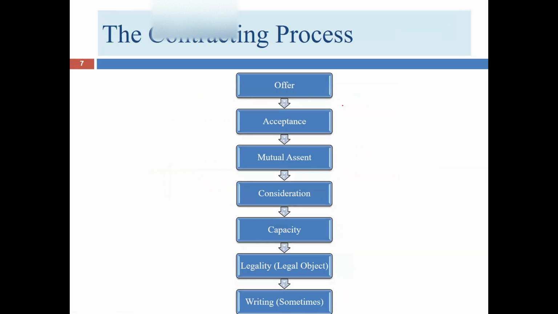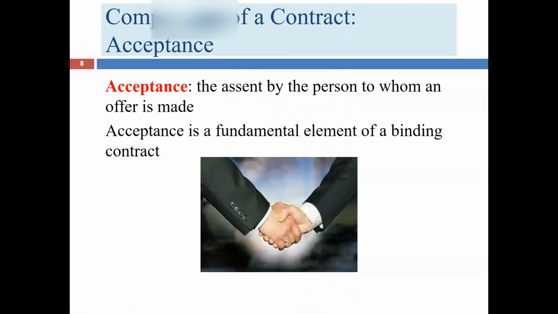So here we have our first item checked off. We have an offer. That is one of our requirements for the contracting process. Again, we have all of these under the umbrella of agreement. So now we have an acceptance.